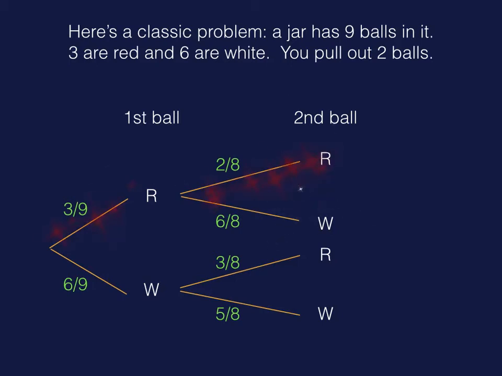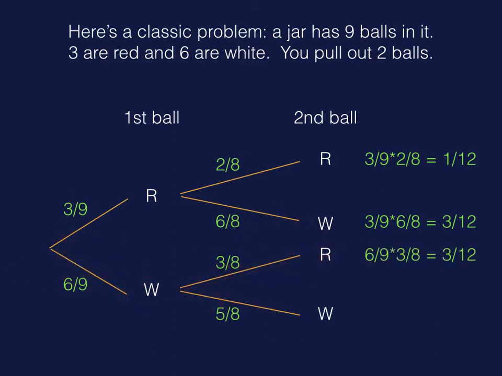So multiplying down each path, the chance of red and red is 1 in 12. The chance of red then white is 3 in 12. The chance of white then red is 3 in 12. And the chance of white then white is 5 in 12. I didn't simplify all the way down so you can clearly see they all add up to 1.